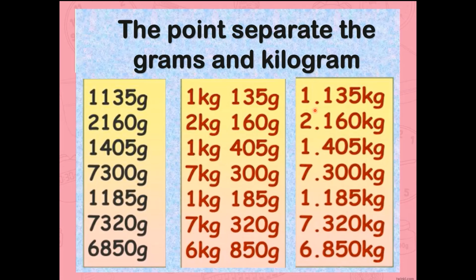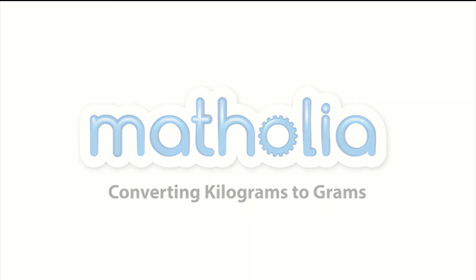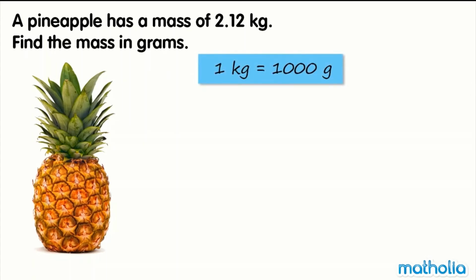Let's try another way. A pineapple has a mass of 2.12 kilograms. Find the mass in grams. We know that in 1 kilogram there are 1000 grams. To find the mass in grams, we need to multiply 2.12 by 1000.